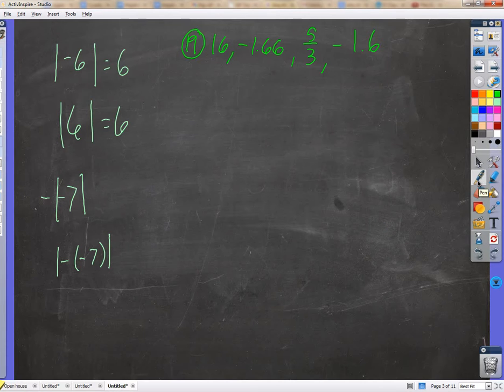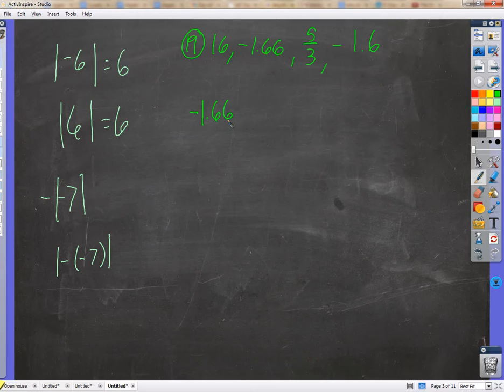Okay, so now we need to put these in order from least to greatest. And which of these would be the very least out of all of them? Nathan? Negative 1.66. Okay, why is that? Anybody with a better answer? Yeah, Jared.